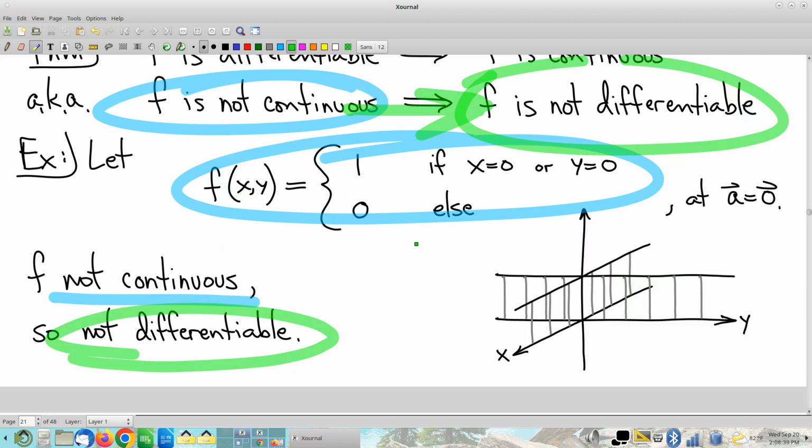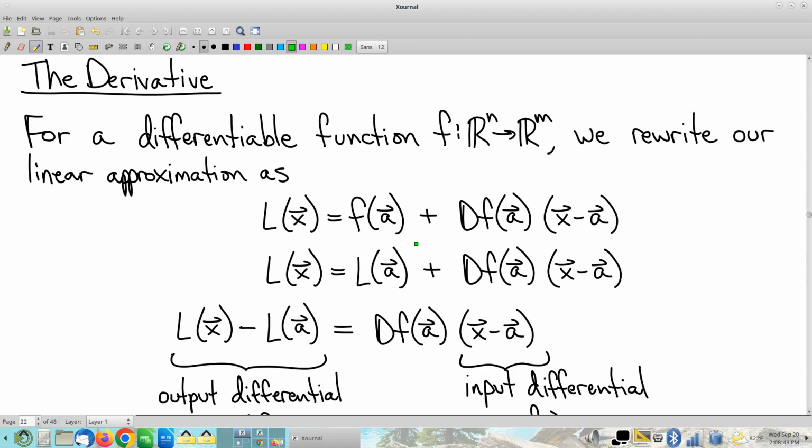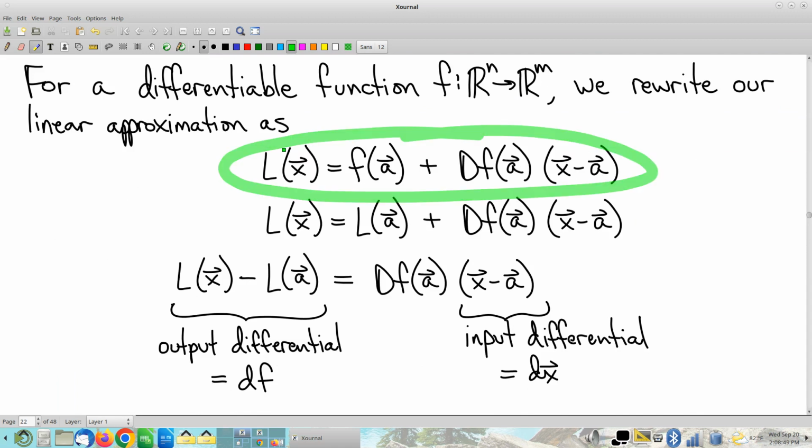Okay. All right. So, I'll make a couple of innocent observations here. Here is a formula that we've written down for linear approximations. This is the general case, right, where we have a multivariable, because there's n inputs, vector valued, because there's m outputs.